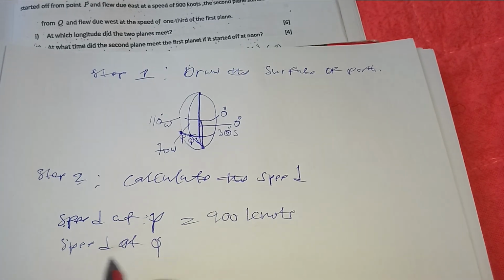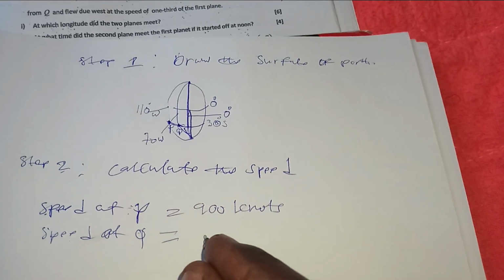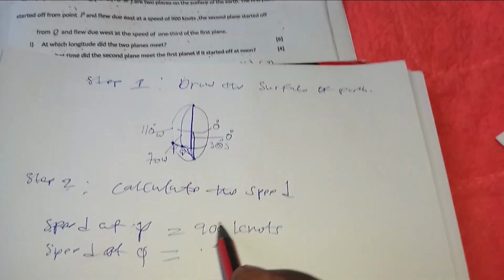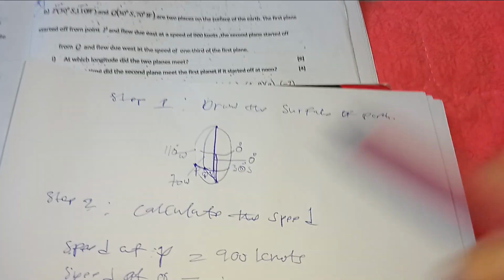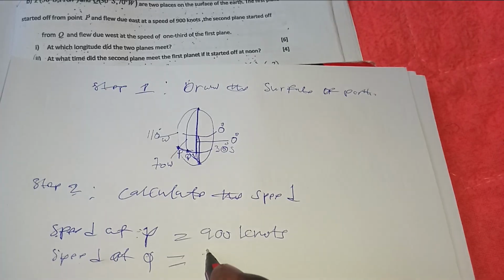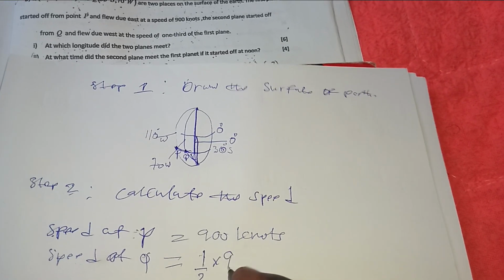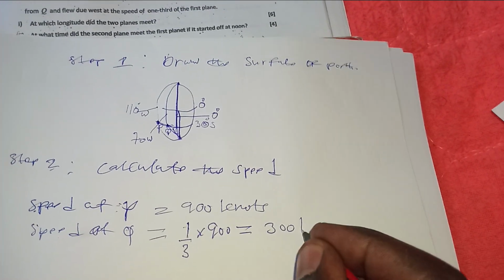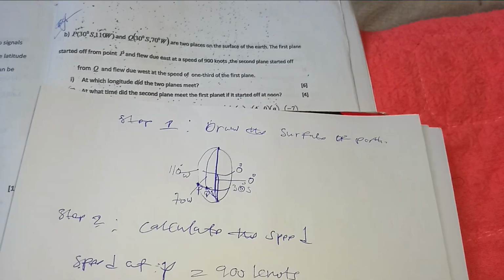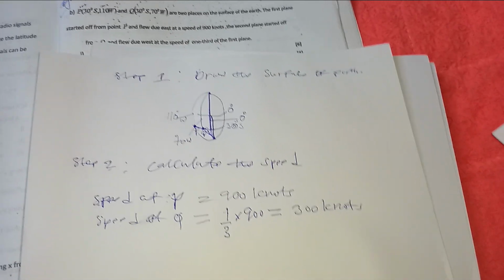The speed of a plane which started at Q, we are told that it is 1/3 of the first plane. So 1/3 multiplied by 900 is equal to 300 knots. So the speed of the plane which started at Q is 300 knots.